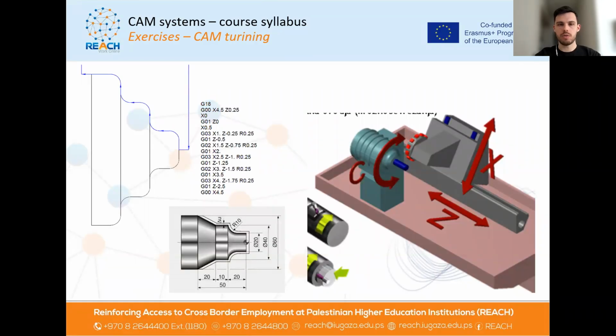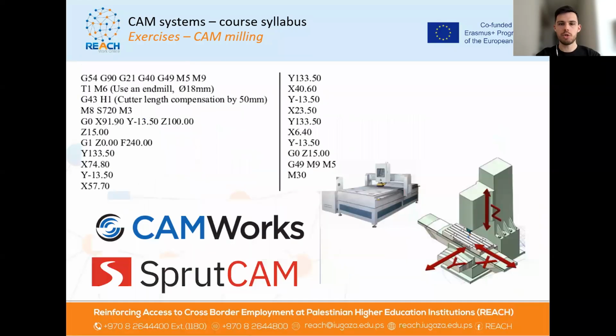Once they have done this graphical part, we go to the milling machine, and here they become familiar with programming in the CamWorks program. It's the first time they use a CAM program in real work, so again they have a specific workpiece or product they need to make on the machine.